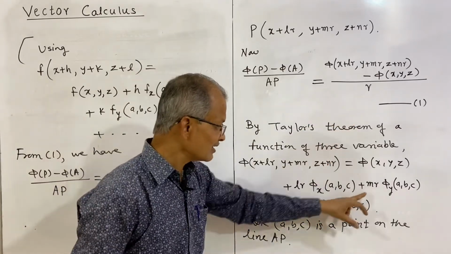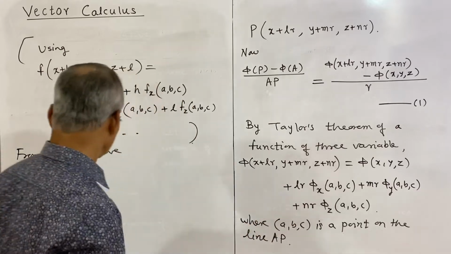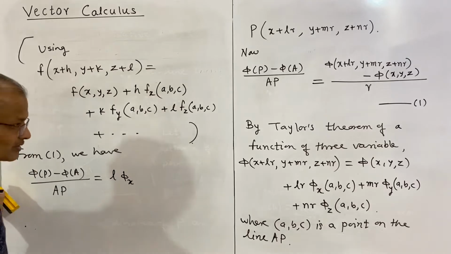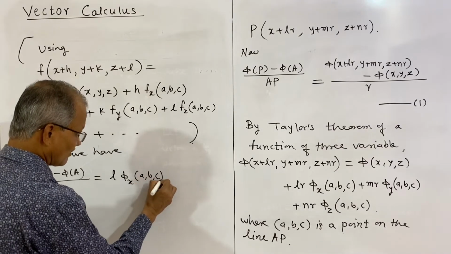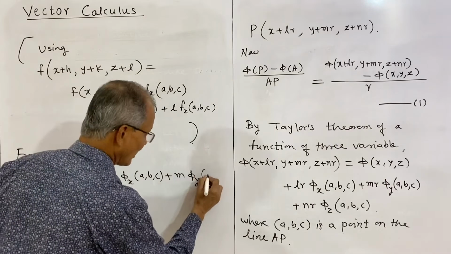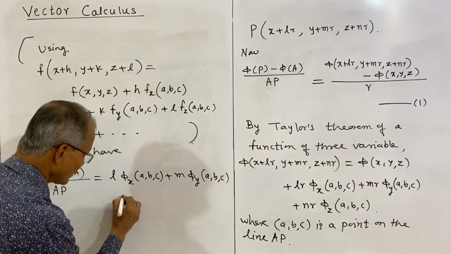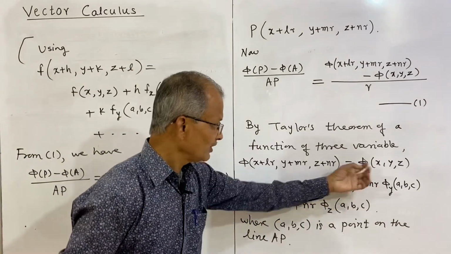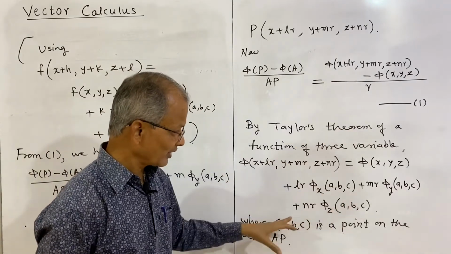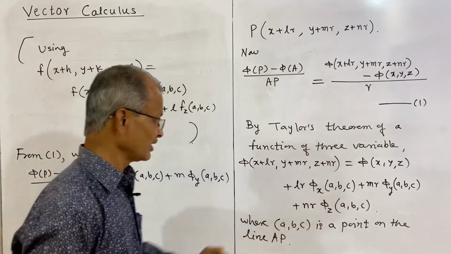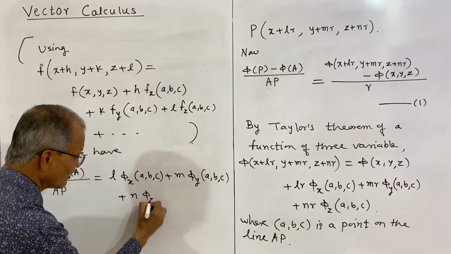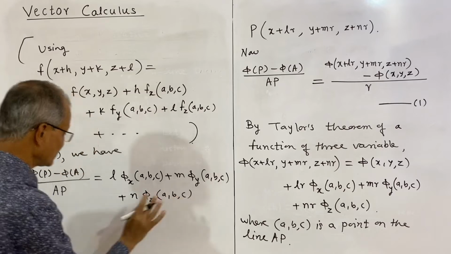So r cancels from each term, and what remains is l phi x, means partial derivative of phi with respect to x at ABC, plus m phi y, means partial derivative of phi with respect to y at ABC, plus n dou phi by dou z at ABC. So this is the expression we have obtained.